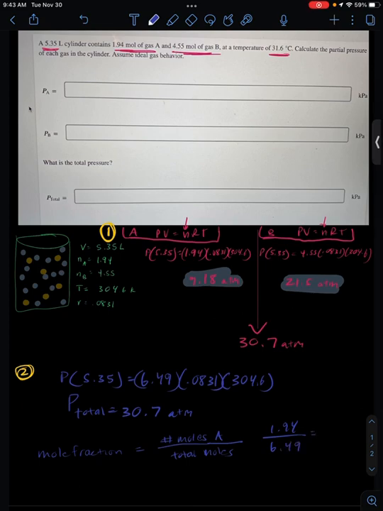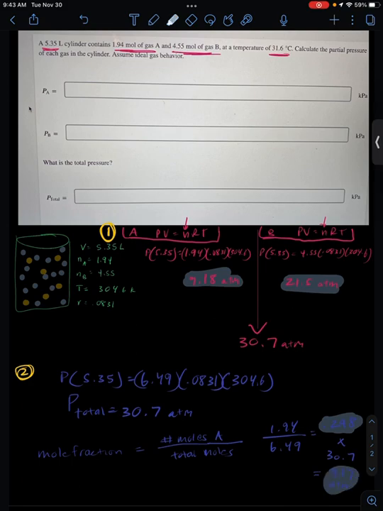So we'd have 1.94 divided by 6.49. Okay, we'd have a mole fraction of 0.298. Now, if we multiply that by our total pressure, 30.7, we would get 9.17 atmospheres.